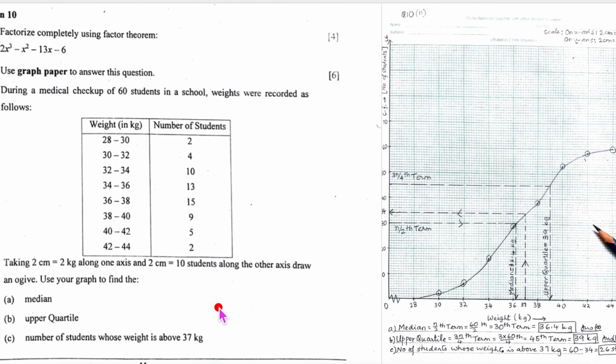And for this we will have to first make the cumulative frequency table, because this is just the frequency. Now we'll need the cumulative frequency, then we'll have the points to plot, and then we'll look at this and we'll see how to go about finding the median, upper quartile, and the number of students whose weight is above 37 kg.